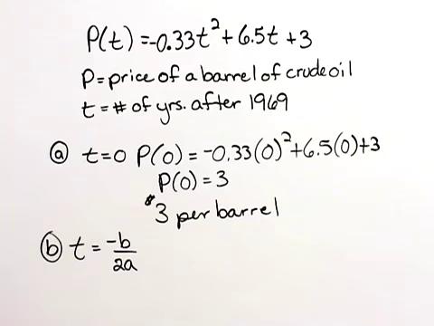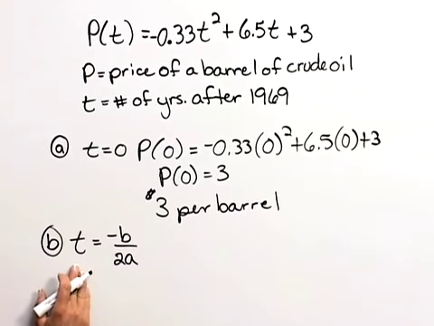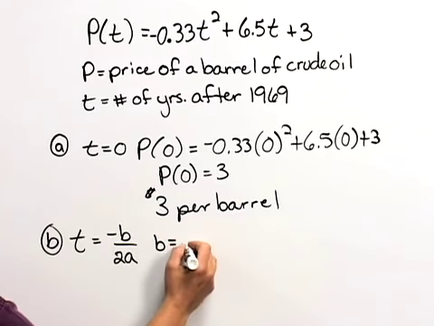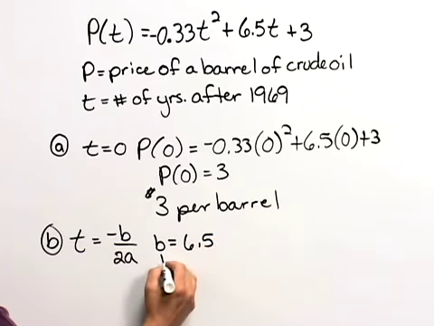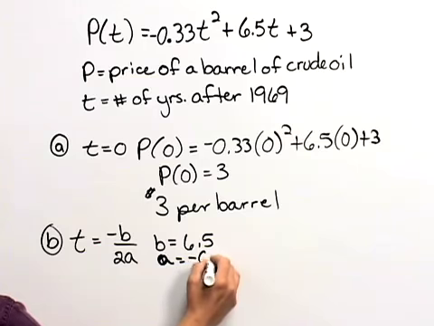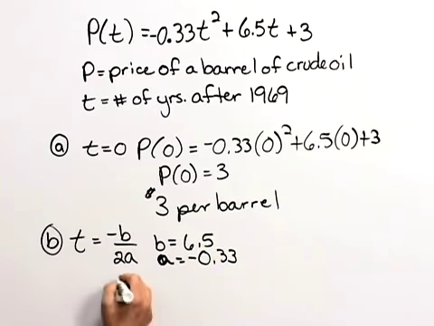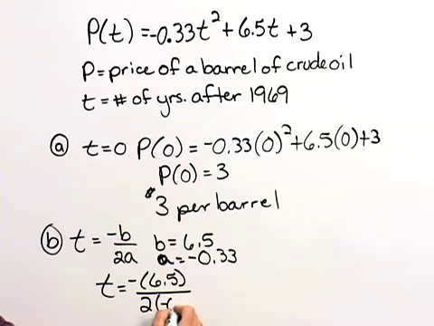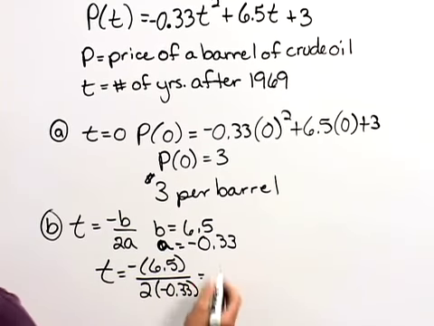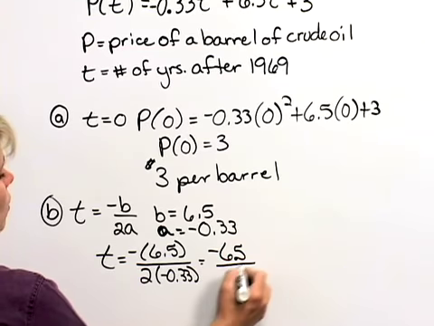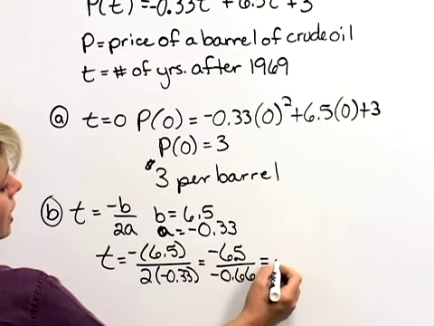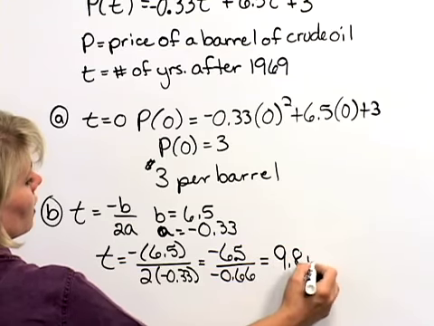1969. Now for part B, we want the time at which it will have its maximum price during this time period, and that will be at the vertex where our time is going to be negative b over 2a, and b is 6.5, which will go here, and the a value is negative 0.33, which will go right there, to give us a time equaling the opposite of 6.5 over 2 times negative 0.33, which comes out to negative 6.5 over negative 0.66, which is approximately, if you round it to the nearest tenth, which we're supposed to do, 9.8 years.